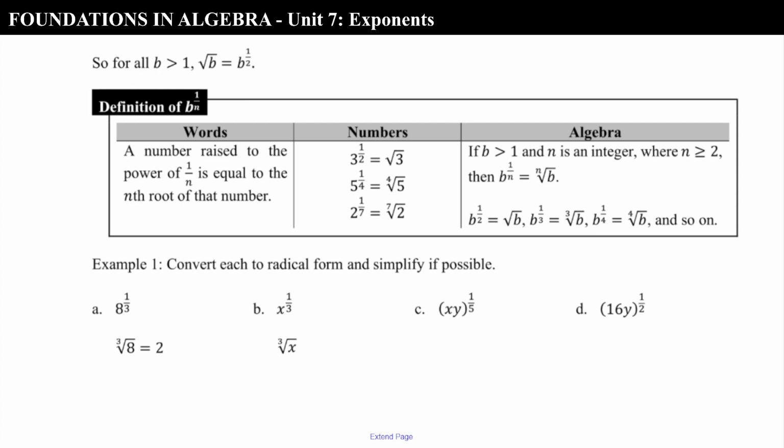For c, we take x and y both to the 1/5 power, so we take both to the 5th root. So the 5th root of xy. For d, you've got the square root of 16y, because 16y to the 1/2 is the same as the square root of 16y. And you can take the square root of 16 and bring that to the outside. So 4 square root of y would be your simplified form of d.